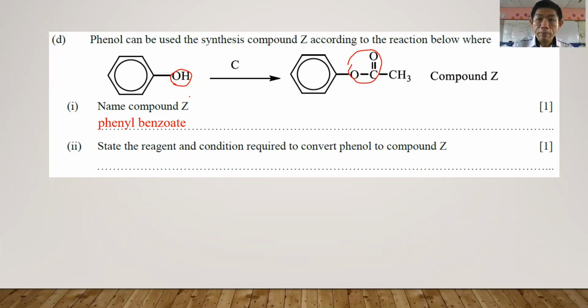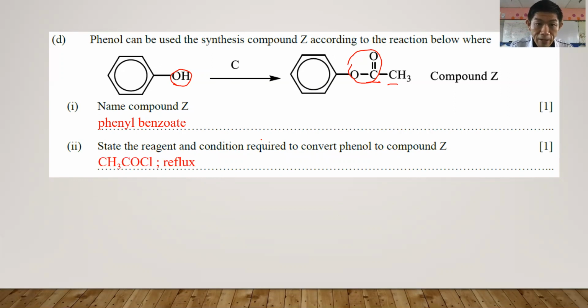Depending on the number of carbons, as you can see inside this ester there are 2 carbons, so you should use ethanoic acid or a derivative. Since you are using phenol, you must only use acyl chloride. So the reagent must be CH3COCl under reflux in alkaline condition.